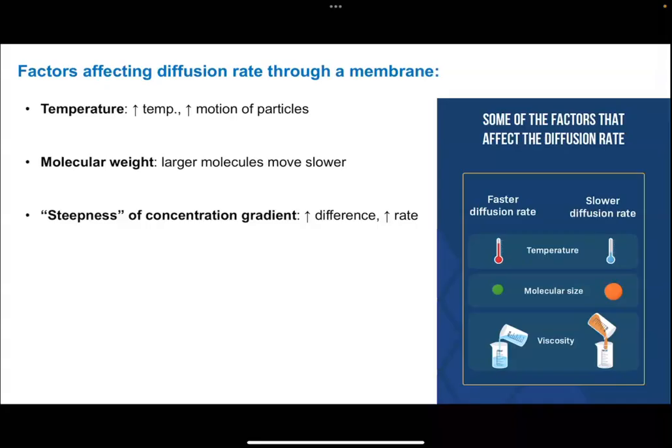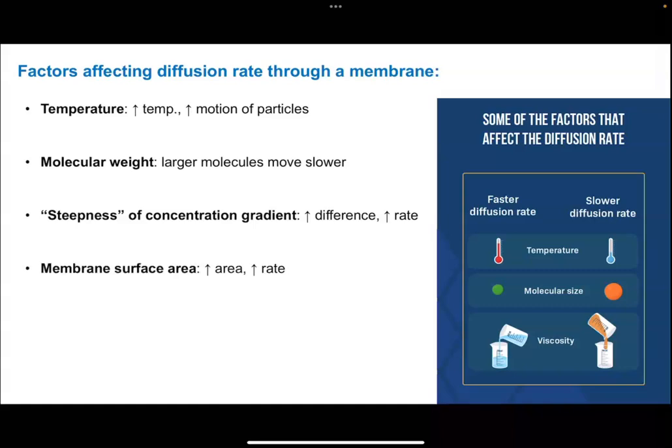There's a very big difference, I guess is what you should say, between the high side and the low side. The bigger that difference is, the faster those molecules are going to move. So 100 to 2 compared to 4 molecules on the outside and 2 molecules on the inside, that's not a very high concentration gradient compared to 100 to 2.